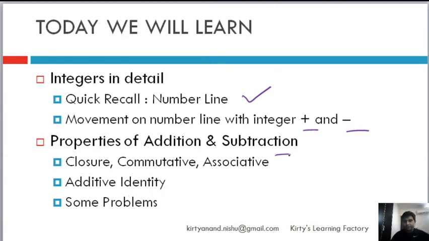If you remember, we did all of this for whole numbers and natural numbers, simple stuff. So basically this is an extension of the same properties, and we will see whether the same properties extend when the number system extends to integers or not.